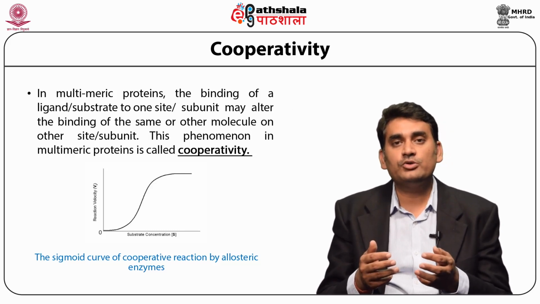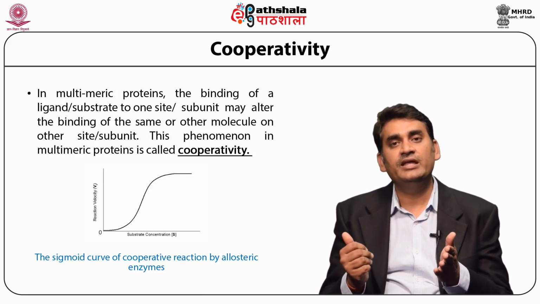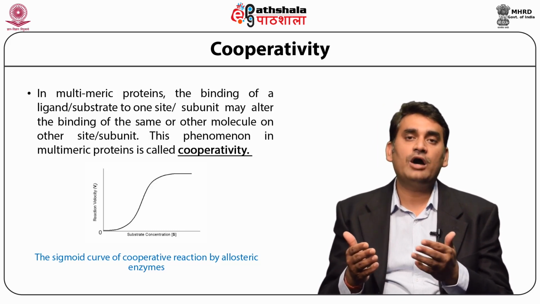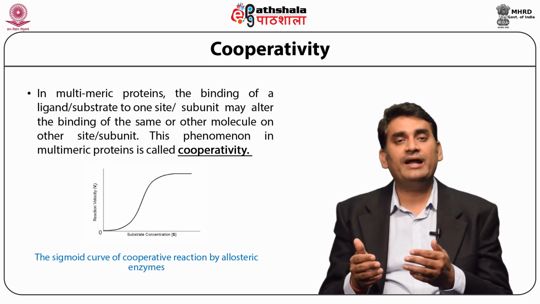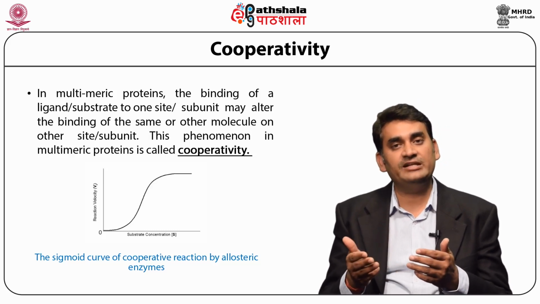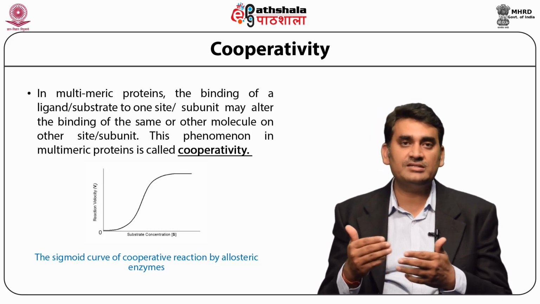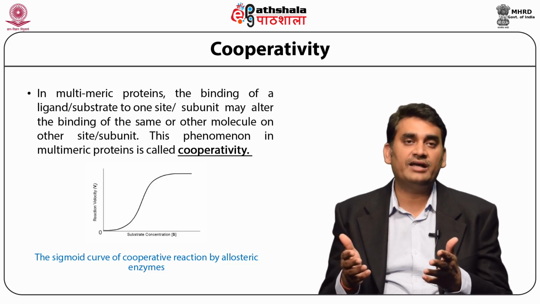When the reaction velocity is plotted against the substrate concentration, with increase in substrate concentration the binding of the substrate on the enzyme or the ligand on the receptor is facilitated. It increases, and both these parameters show a sigmoidal curve when plotted against each other.